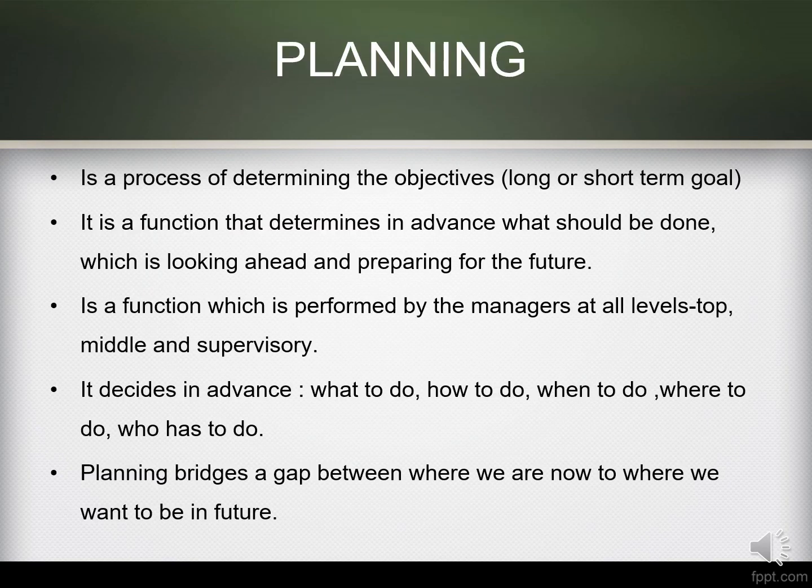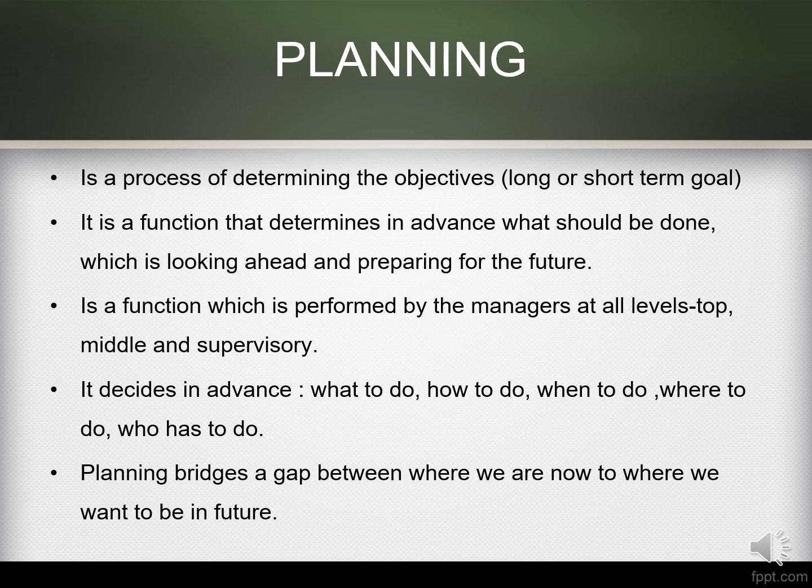The first thing is planning. Planning is the process of determining the objectives for long or short term goals, and it also determines in advance what should be done in the future. It is a blueprint that looks ahead and prepares for the future.